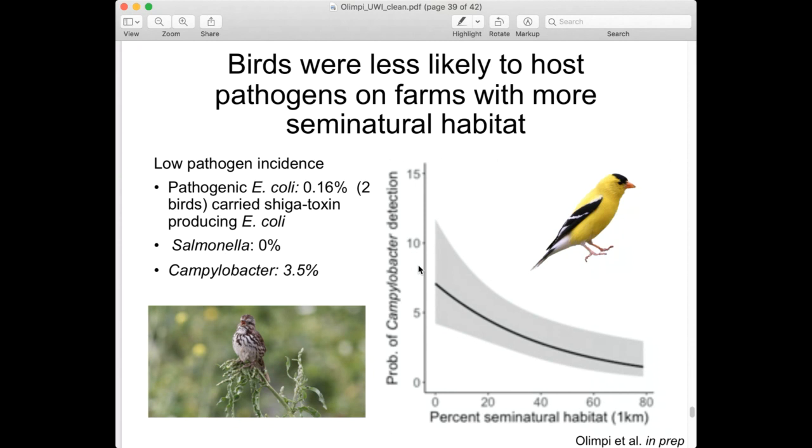Like with many of the other graphs that I showed you, we found that the probability of detecting Campylobacter went down when landscapes had more semi-natural habitat. So here again, we're seeing that having more natural habitat, more conserved habitat in the landscape is helping to mitigate disservices. Next slide, please.